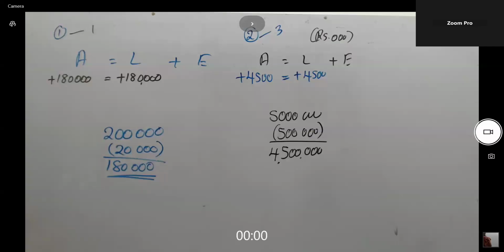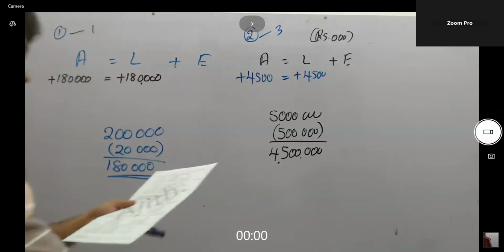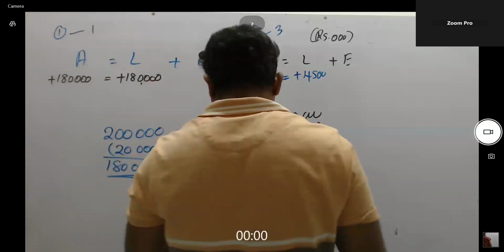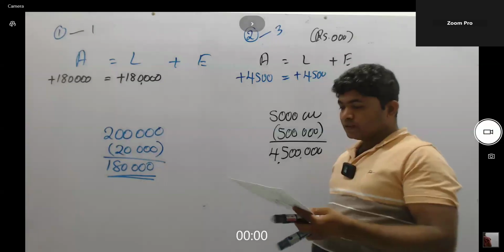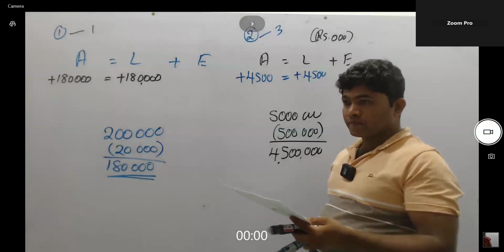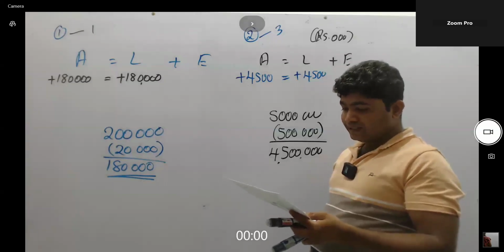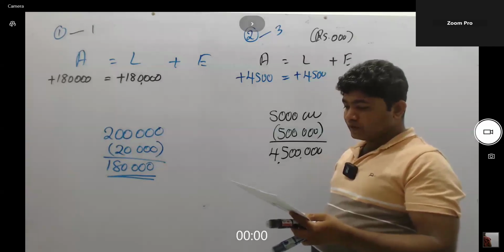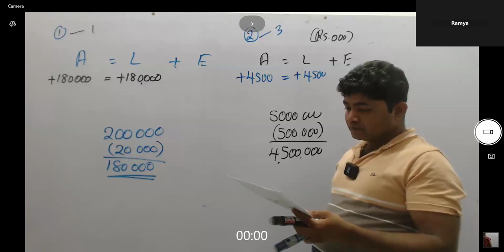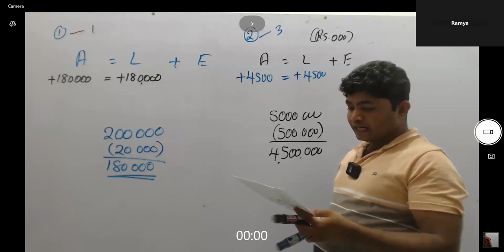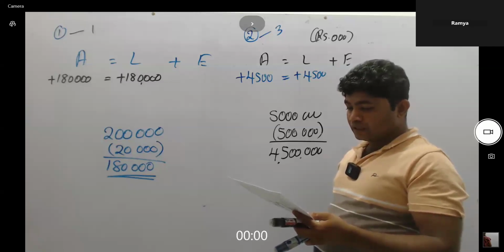Now the third one. The balance of 2000 payable to creditors of the business was settled by its owner out of his personal money. At the time of settlement, the creditor allowed a discount of 1000. Thus, show the effect of this transaction on liability as well as equity in the accounting equation.